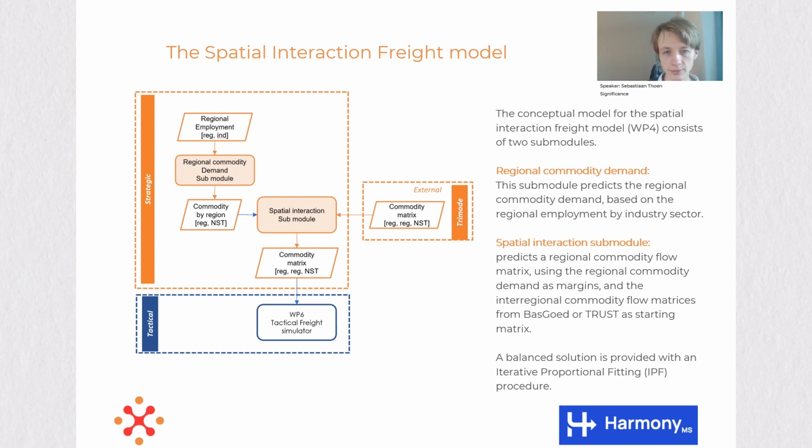And then it uses the external commodity matrix as sort of the starting point for the output commodity matrix. And what we do then is to apply an iterative proportional fitting algorithm to make this commodity matrix fit with the calculated commodity demand by every region. And then what you get out of is a commodity matrix at a more disaggregate level.